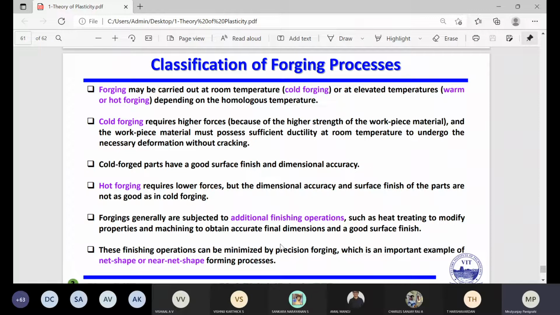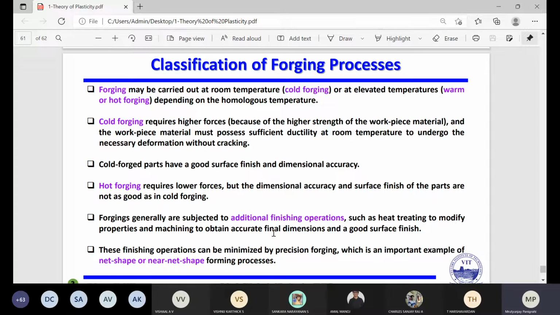Similarly, if you want a good surface finish, and you made hot forging so your surface finish is not good, then you have to go for another process. Also, whatever shapes or dimensions the customer requires, you have to go for a different process.